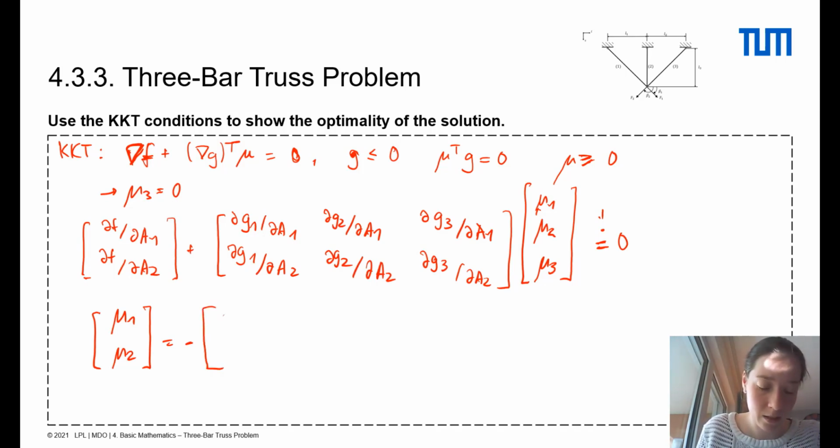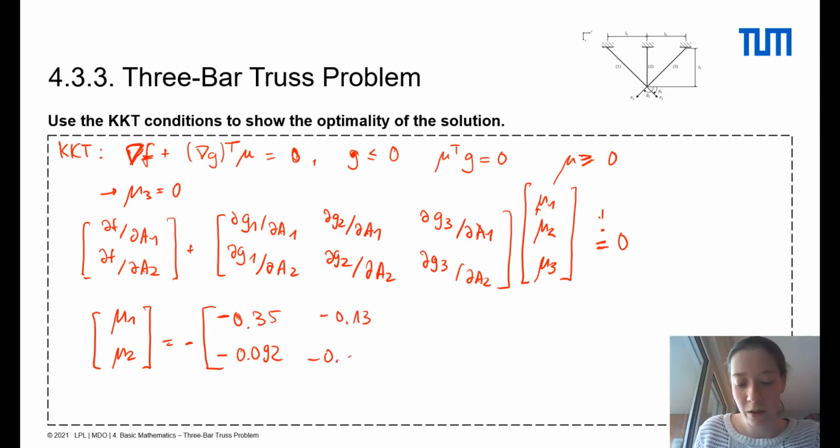and we have all the values because we computed them in the last task. dg1 with respect to dA1 was minus 0.35. This was minus 0.092. Here we had minus 0.13 and minus 0.18.